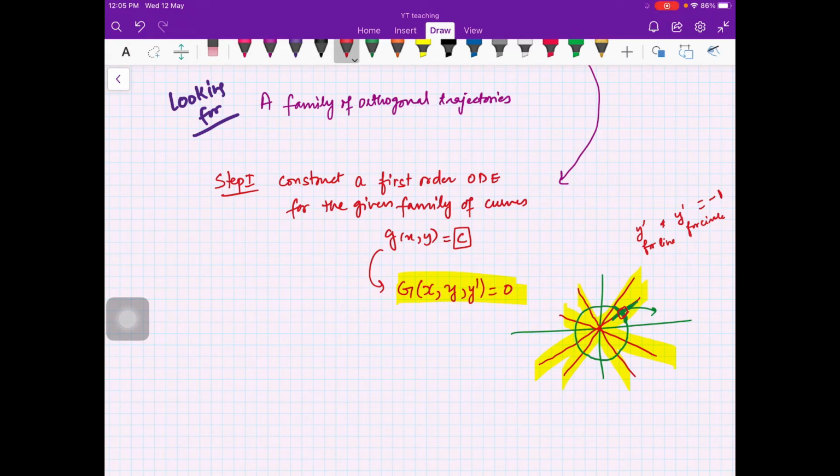Because we are saying orthogonal trajectory means this condition will be satisfied at each point in the domain, because everywhere there is a member. So it means that this is the differential equation representing your original family.